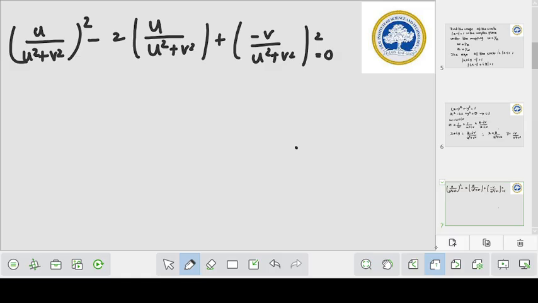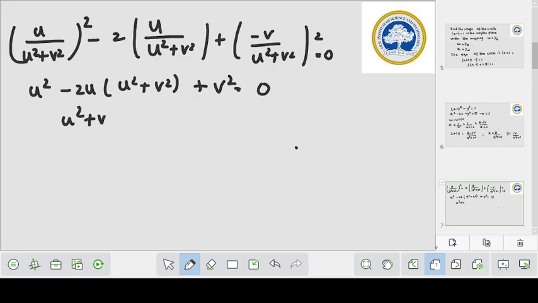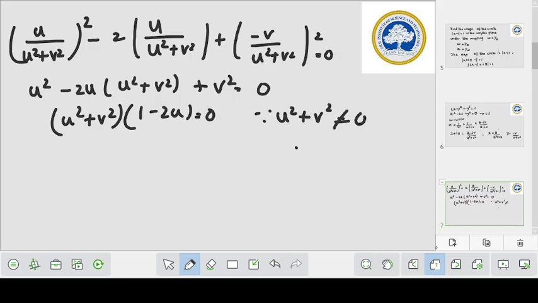Now when you take the LCM, you get u squared minus 2u into u squared plus v squared, plus v squared equal to 0. Taking u squared plus v squared common outside, you have 1 minus 2u equal to 0. Since u squared plus v squared is not equal to 0, you have 1 minus 2u equal to 0. So that is u equal to half, or 2u minus 1 equal to 0.